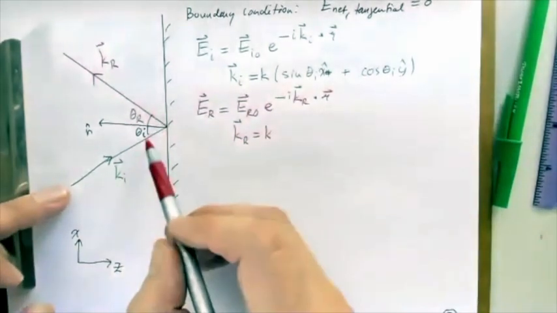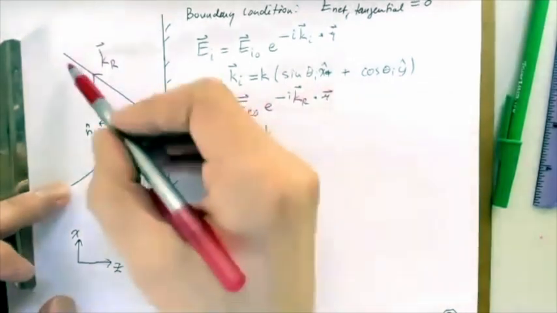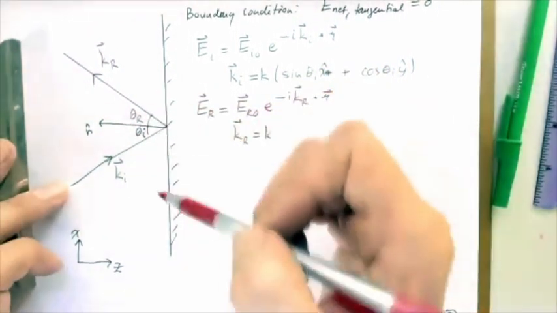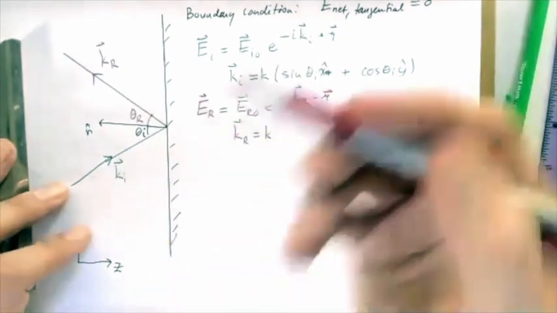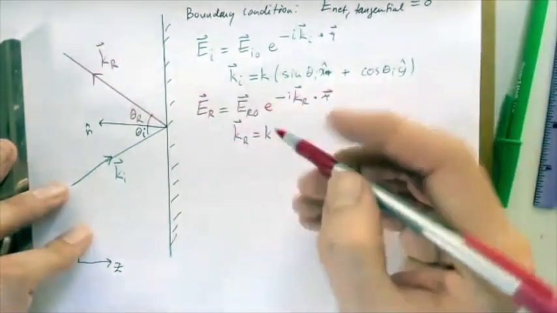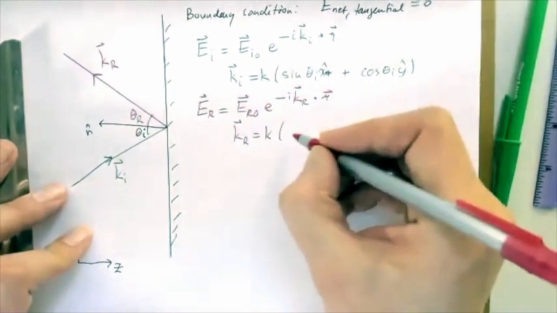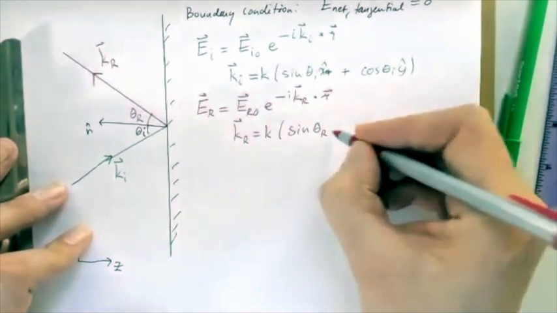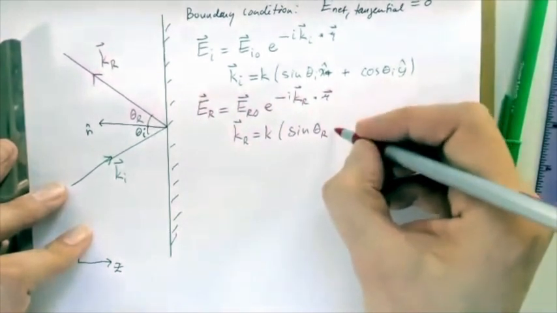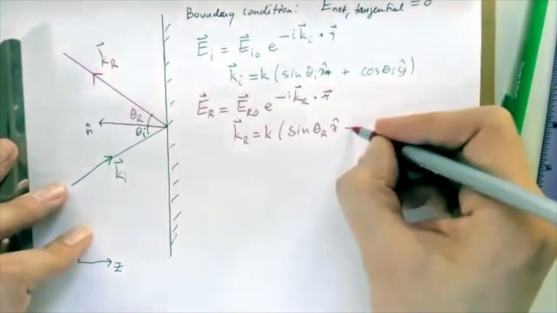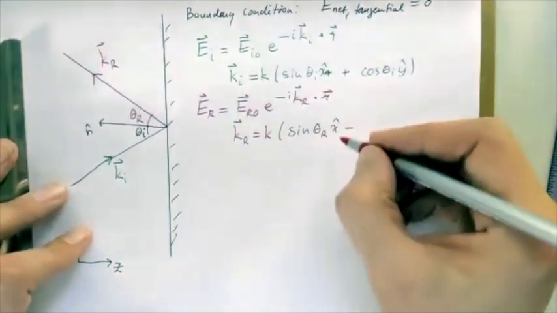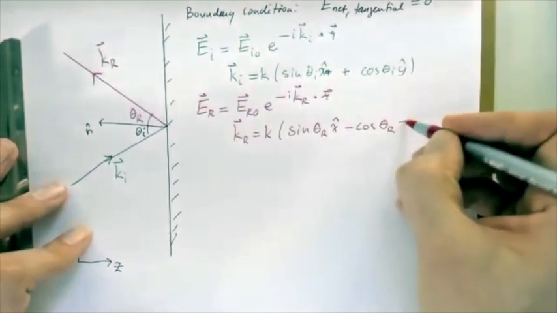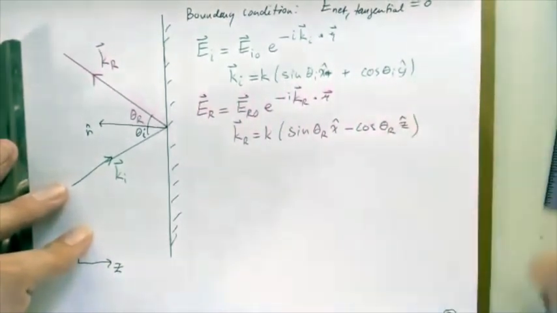In this case, the wave is traveling in the opposite direction because theta r is on the opposite side, which means that the z component changes, but the x component does not change. So we still have a sine of theta r x hat minus the cosine theta r z hat. And now I see that I made a mistake here.